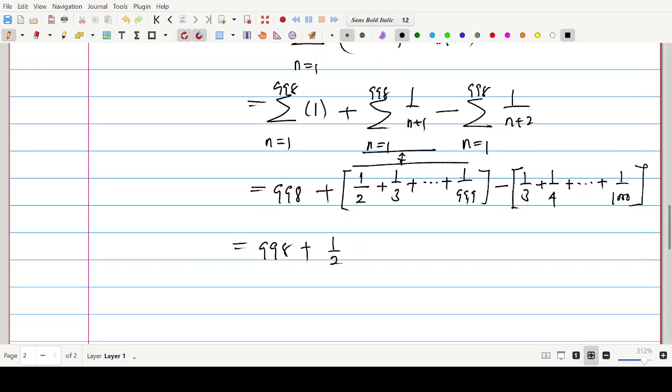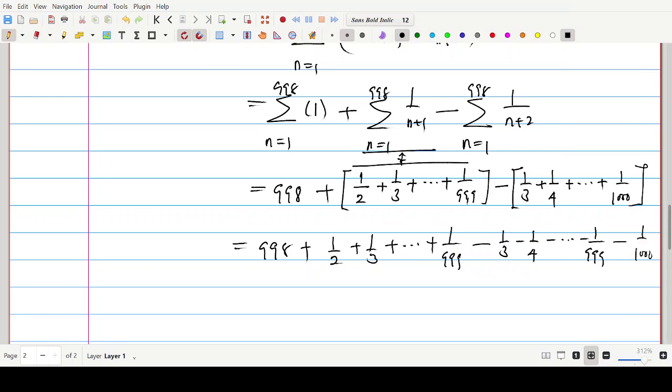We now have 1 over 2 plus 1 over 3 plus dot dot dot over 1 over 999, minus 1 over 3 plus 1 over 4 plus you eventually get to 1 over 999. Sorry, there's no need to be plus because the minus will expand in. So we'll be having minus 1 over 4 minus until you get to minus 1 over 999. Then lastly, minus 1 over 1000.